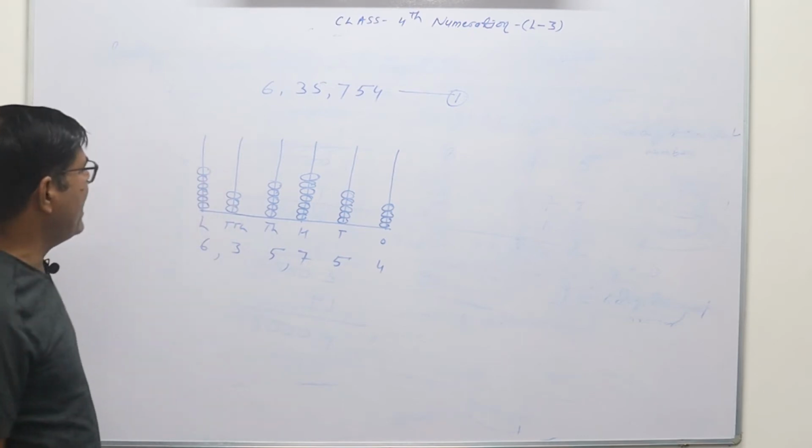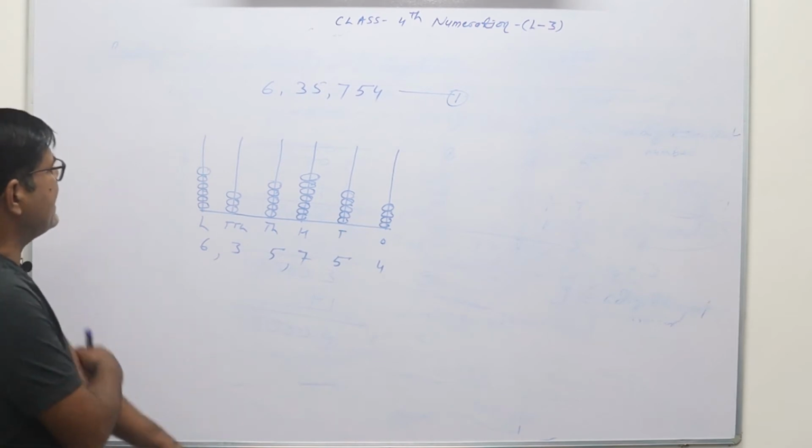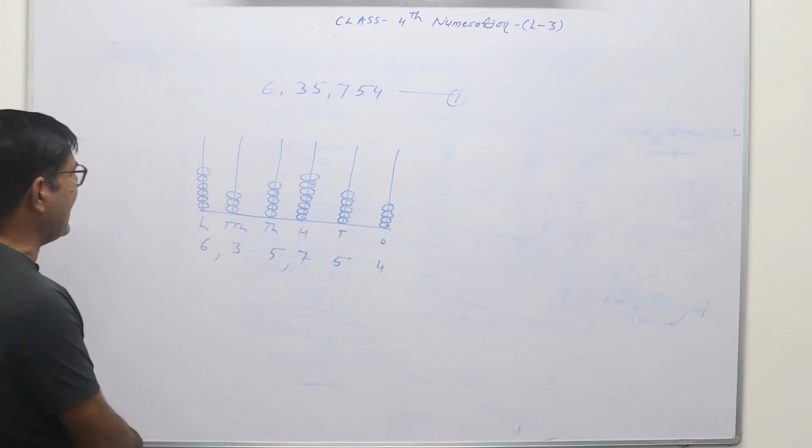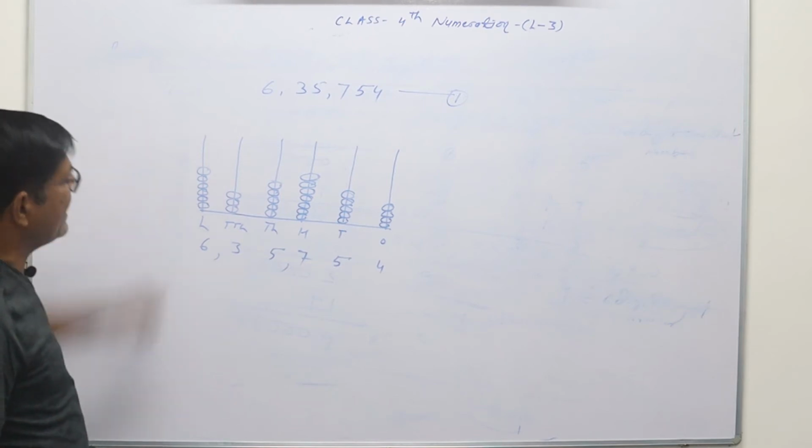So in this way, a number having 6 digits will be in lakhs and it can be represented on the abacus in this way.